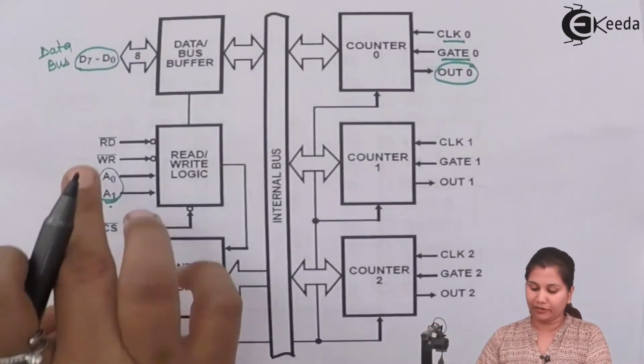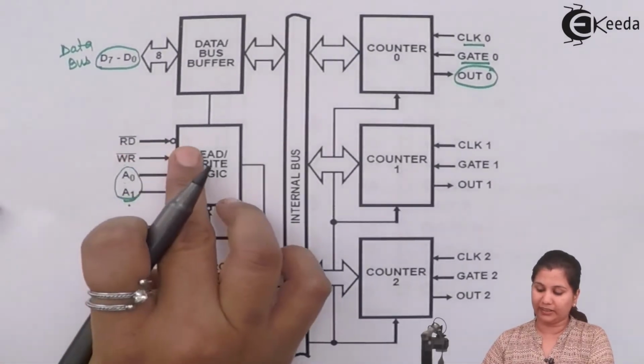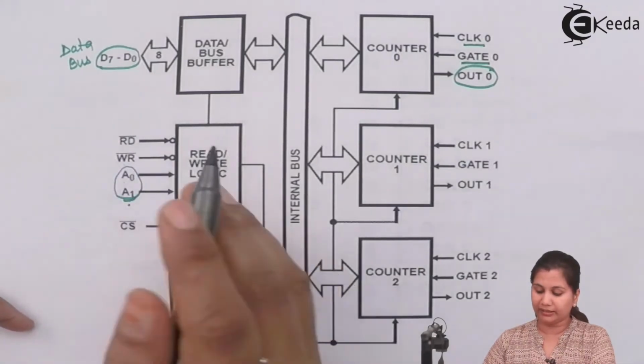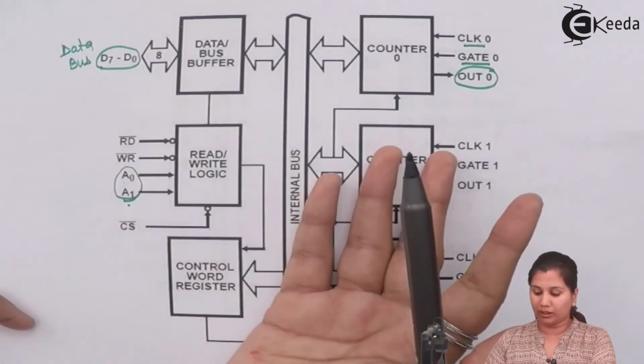So you can see that here we have the read signal. When it is activated, then the counters will be read. If write is activated, then the count will be loaded into the counters.